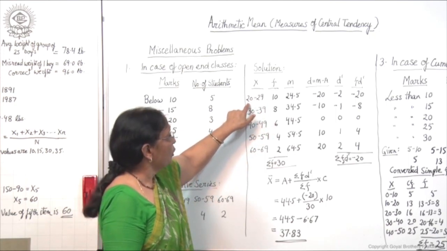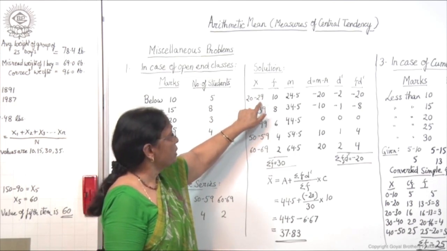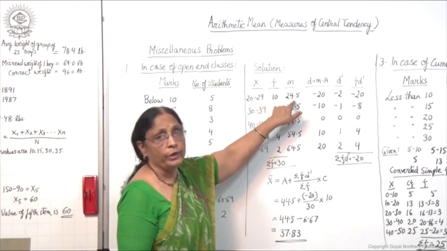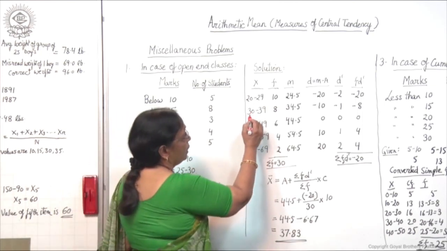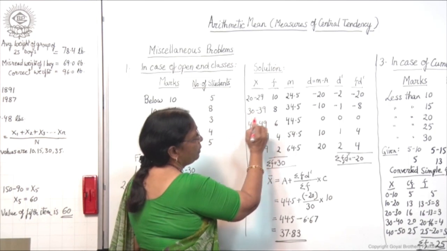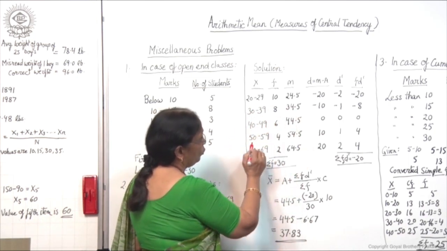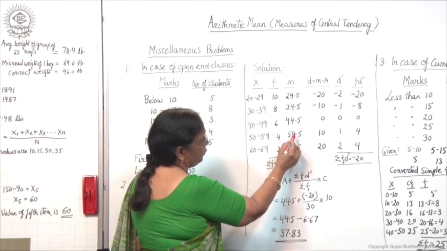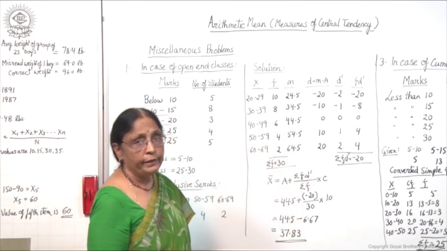So this is L1 lower limit, this is L2 upper limit, this plus this upon 2, this will be 24.5. Then for class interval 30 to 39, midpoint is 34.5. In this it is 44.5, here it is 54.5 and then 64.5, right.